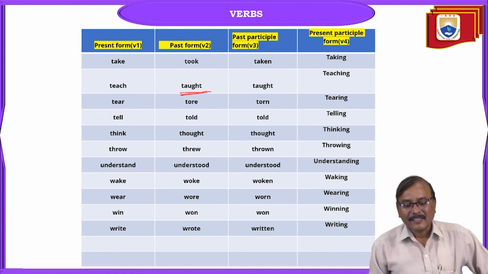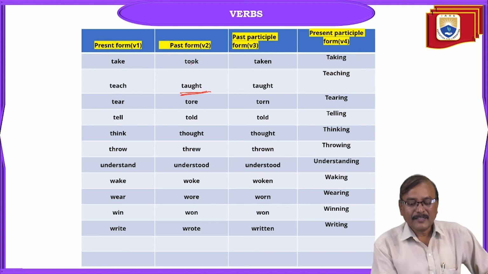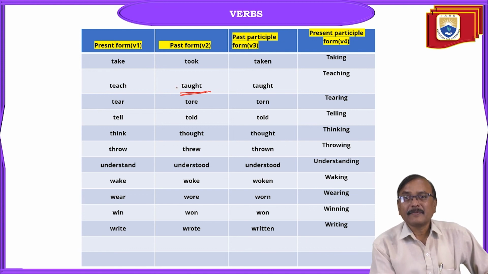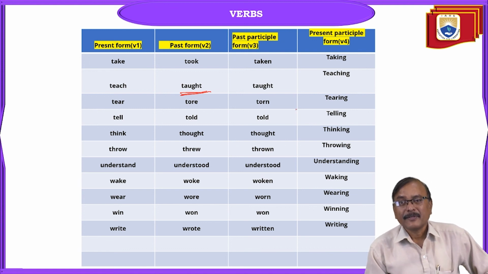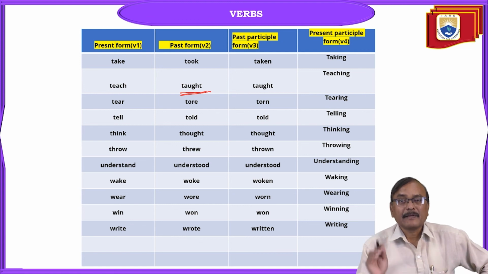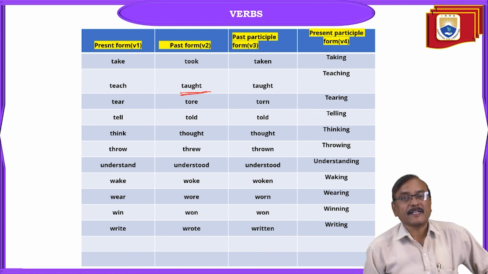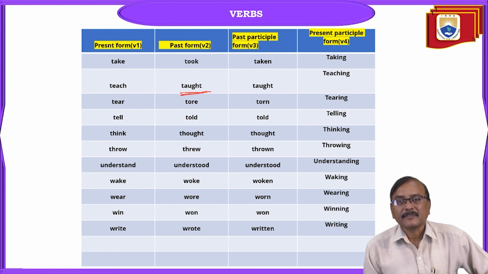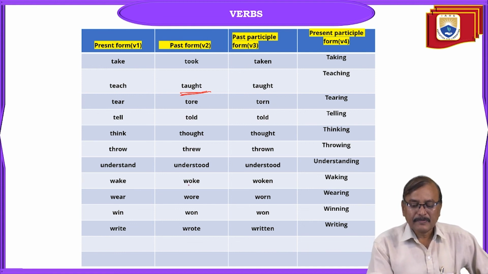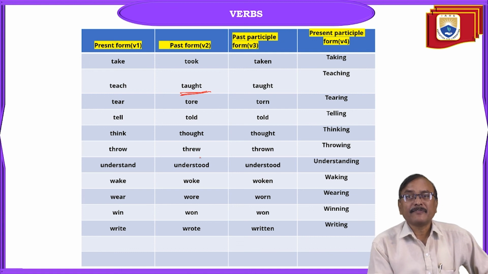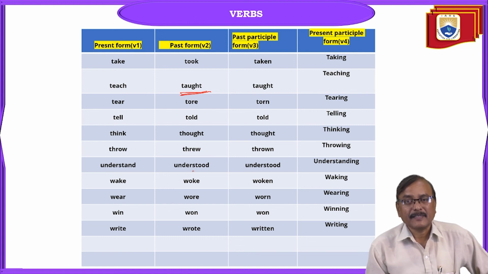Right? So, if you don't remember these V2, V3 forms, you can't use them in past tense, you can't use them in perfect tenses. You can't use them for completed actions. That's why to remember the verb forms, V2 and V3 forms for all actions, it is very, very important.